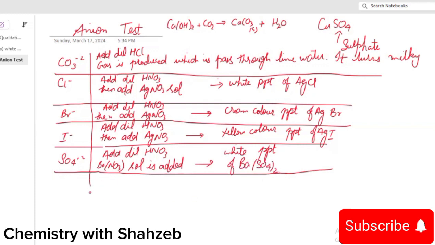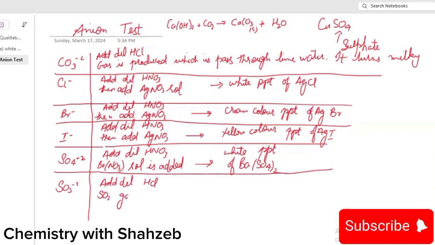Moving further, now we have one more thing to discover: the sulfide ion test. For that purpose, we add dilute HCl. So what happens?